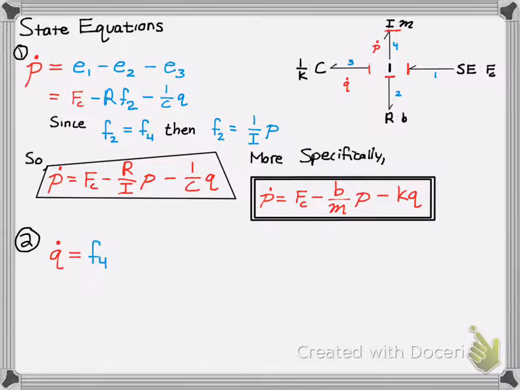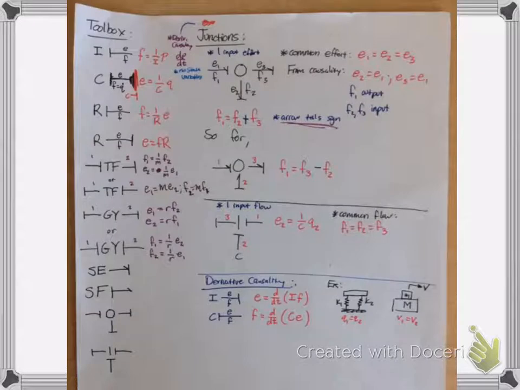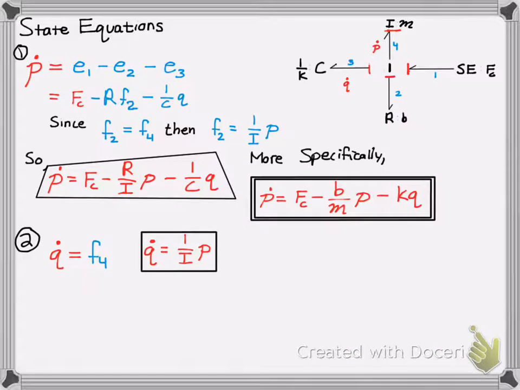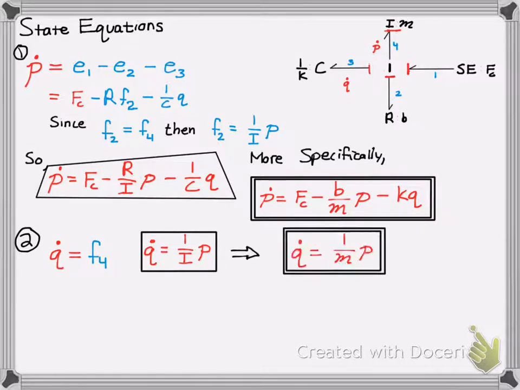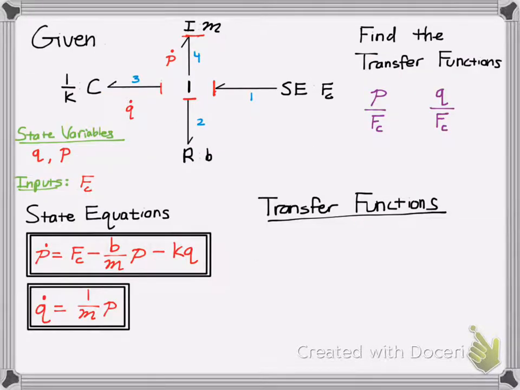So at a one junction, all the flows are common, so we just set it directly equal to F4 because we want it in terms of the state variable P. So we know for I, looking at our toolbox again, F is equal to 1 over I times P, so that's how we get Q dot is equal to 1 over I times P. Boom. And more specifically, we know I is equal to M, so boom, we have our second state equation.